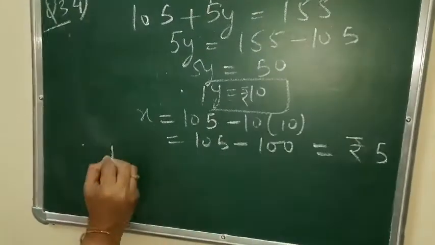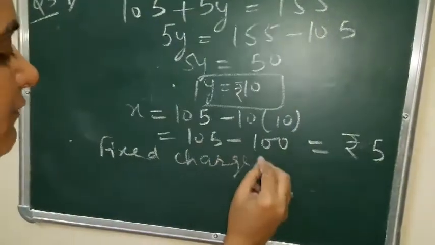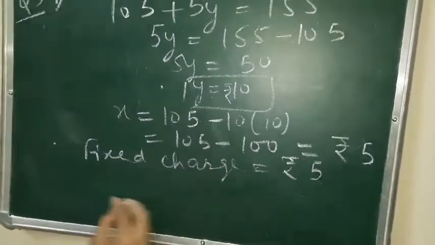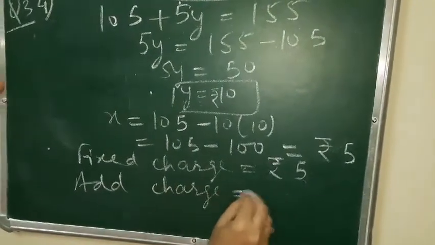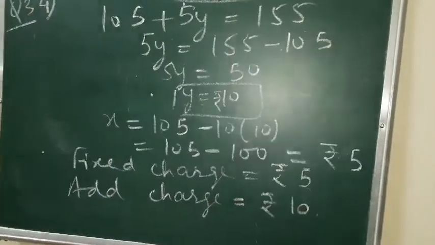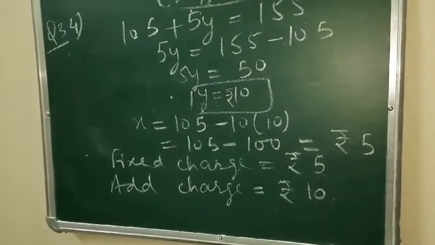Now we will write: fixed charge rupees 5, additional charge rupees 10. Now one more question is there. How much does he have to pay for traveling a distance of 25 kilometers?